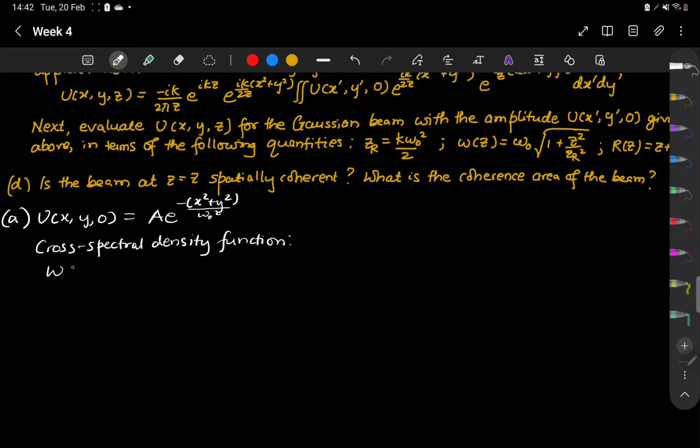For this, we need to write down the cross spectral density function, and here we have z equal to 0. We are looking at z equal to 0.